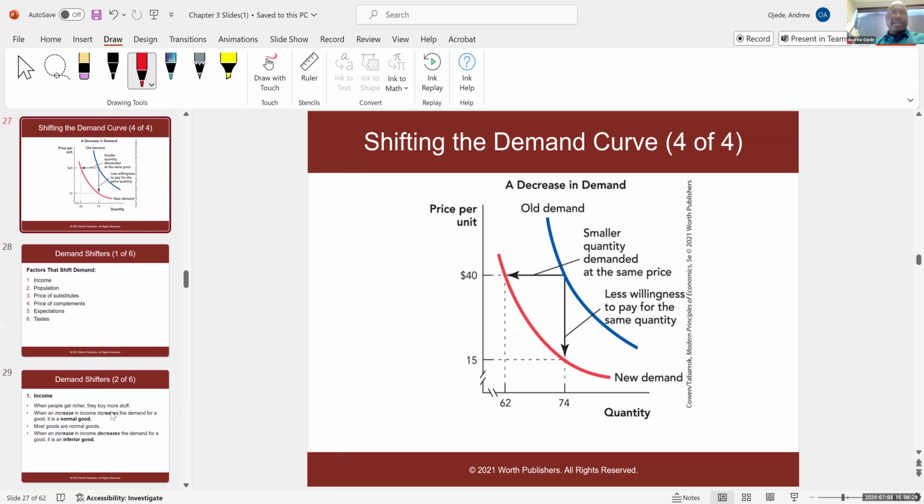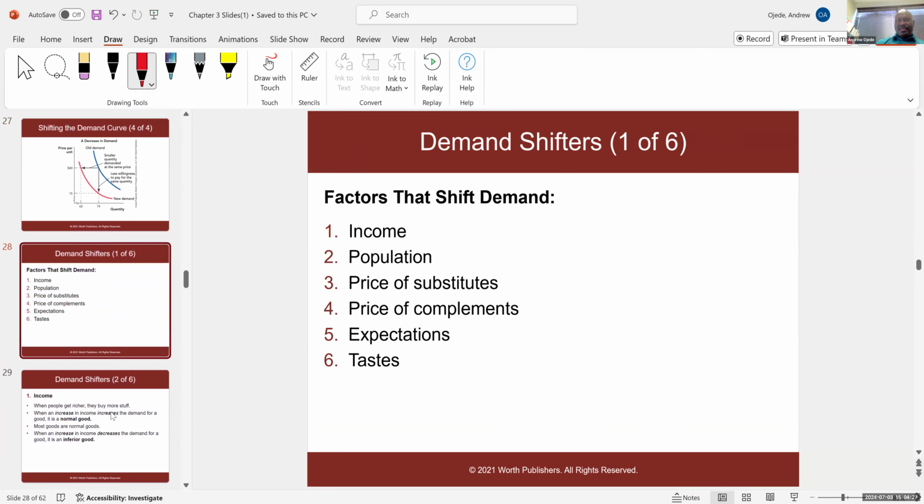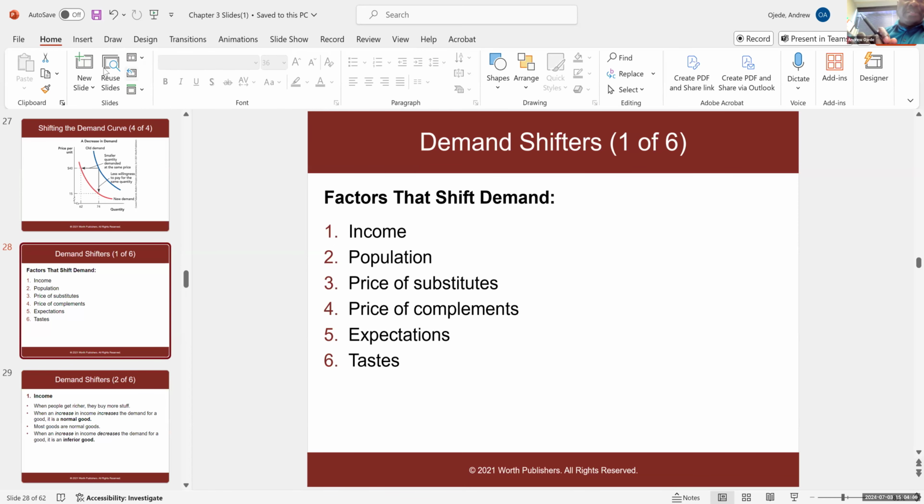Okay, so now let's discuss one by one the factors that shift the demand curve, which lead to people demanding more goods, even though the market price may not have changed. So the first one is going to be income. Here I want you to pay a little bit of attention.